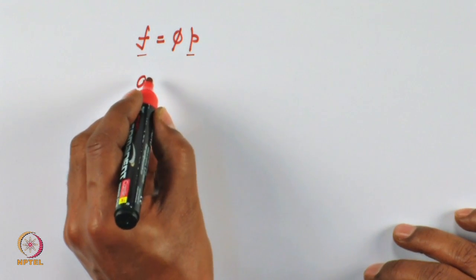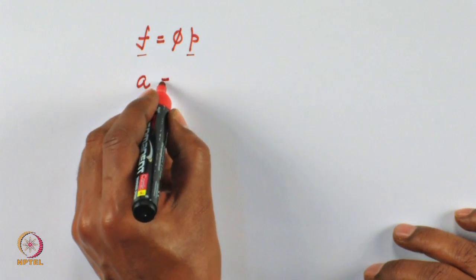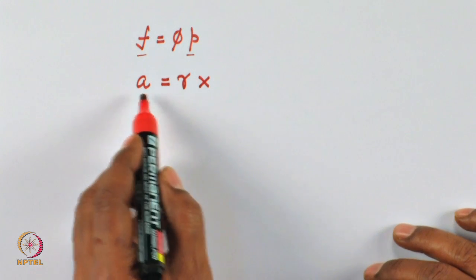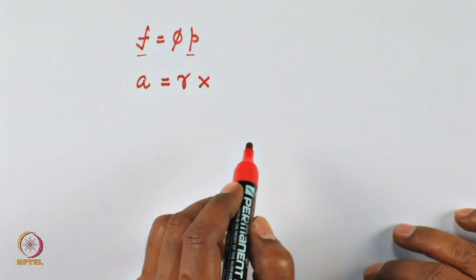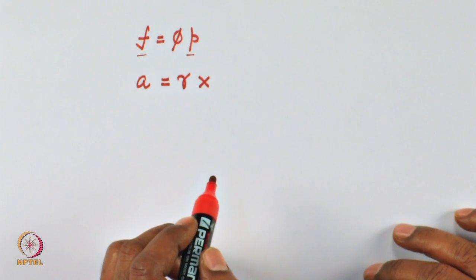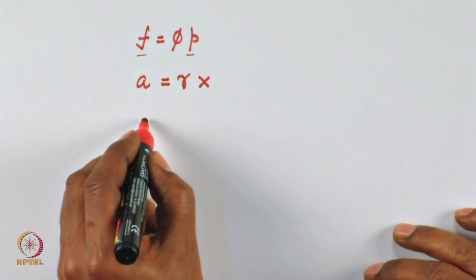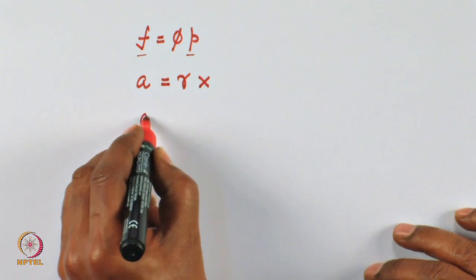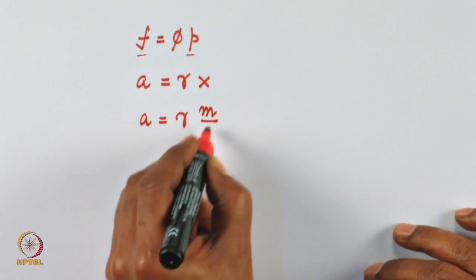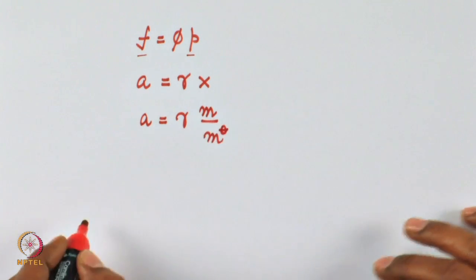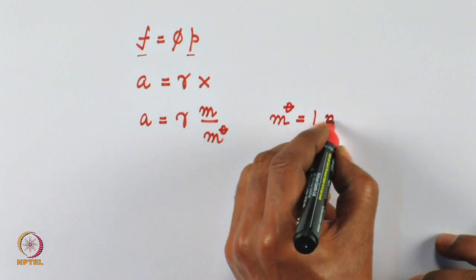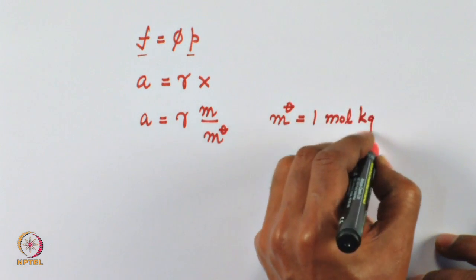When we express activity in terms of mole fraction, we write activity equal to activity coefficient times mole fraction. Mole fraction is a dimensionless quantity, therefore, activity is a dimensionless quantity. And now, we are writing activity equal to activity coefficient times m by m naught, where m naught is equal to 1 mole per kg.